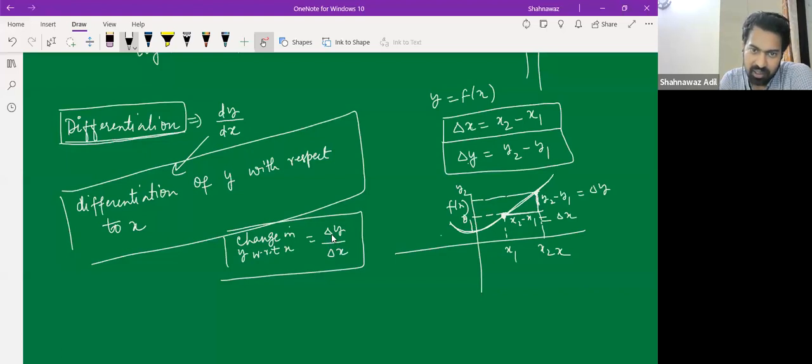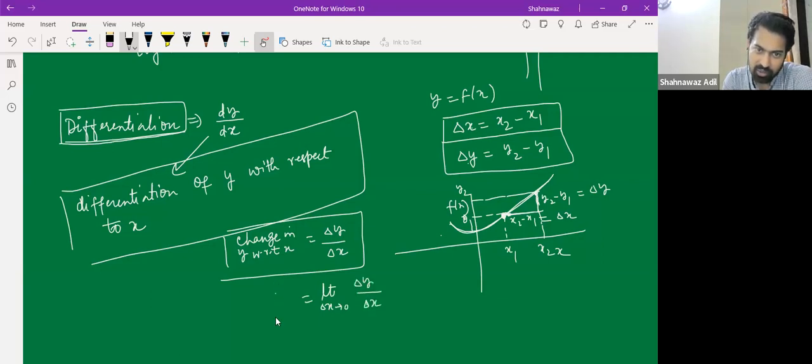And if I calculate this change at a point very adjacent to this x1 value, at a very near point, that would be the limit as delta x tends to 0 of delta y by delta x.